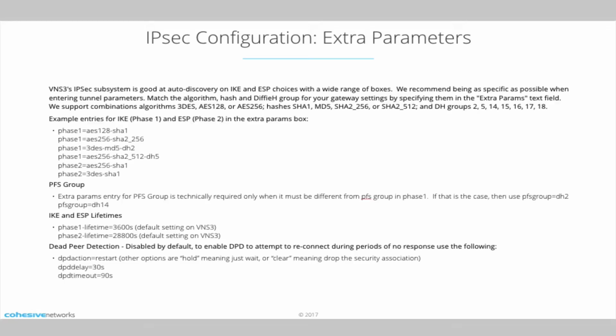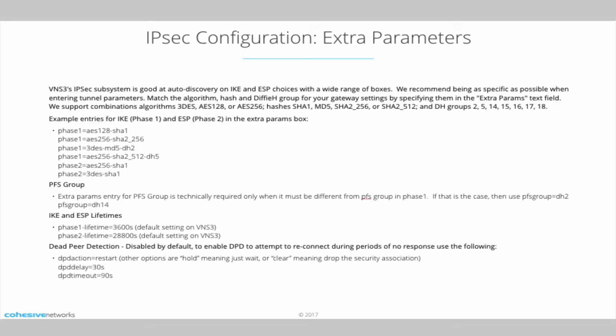Right, so phase 1, so things could be like phase 1 equals AES 128 SHA-1. You probably want to put in the Diffie Hellman group as well. So you want something like AES 256 SHA-512 DH5. You want to specify the algorithm, the hash, and the Diffie Hellman. Same thing with phase 2.